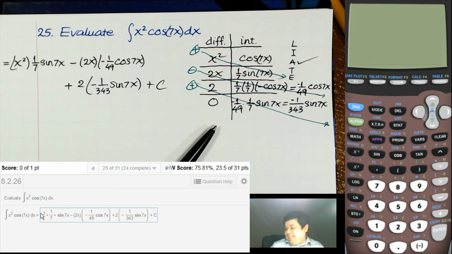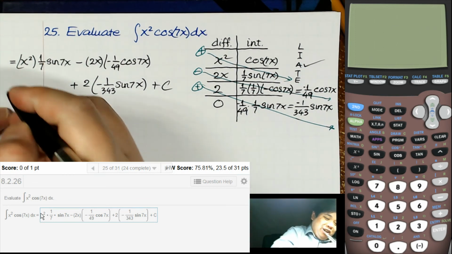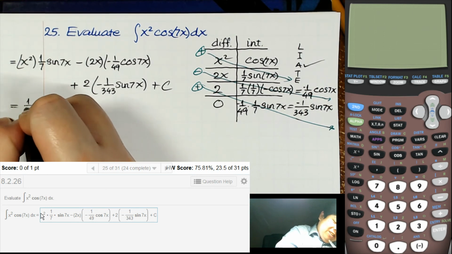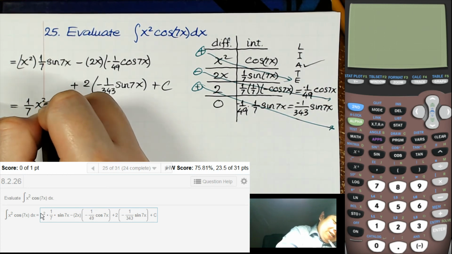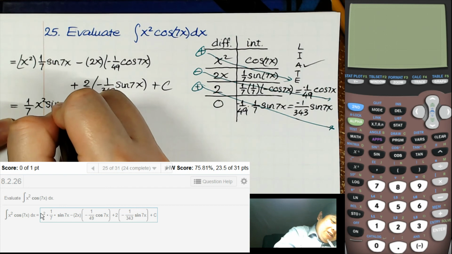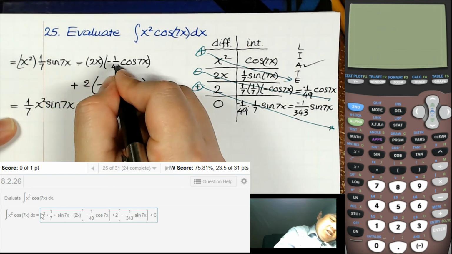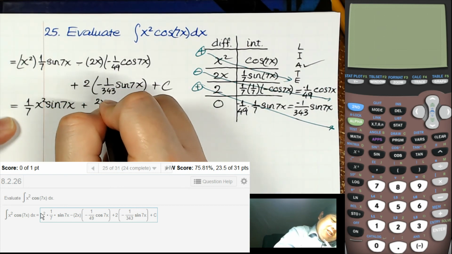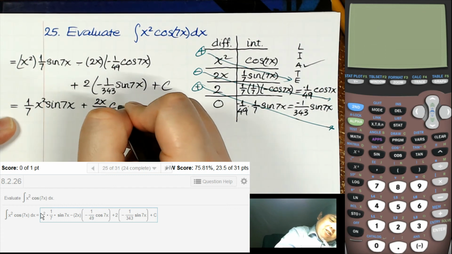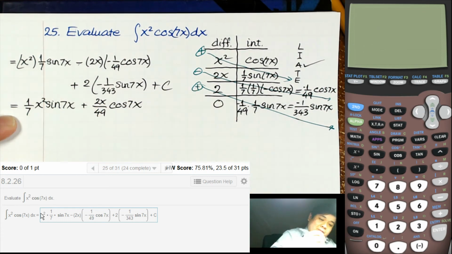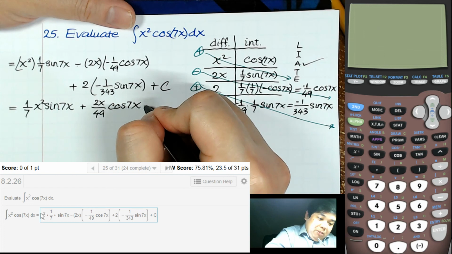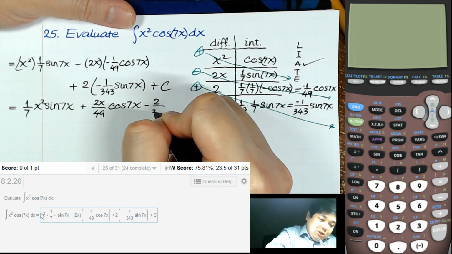Actually, we don't even need to simplify. Minus negative, so that's plus. My MATLAB actually takes anything that is equivalent.